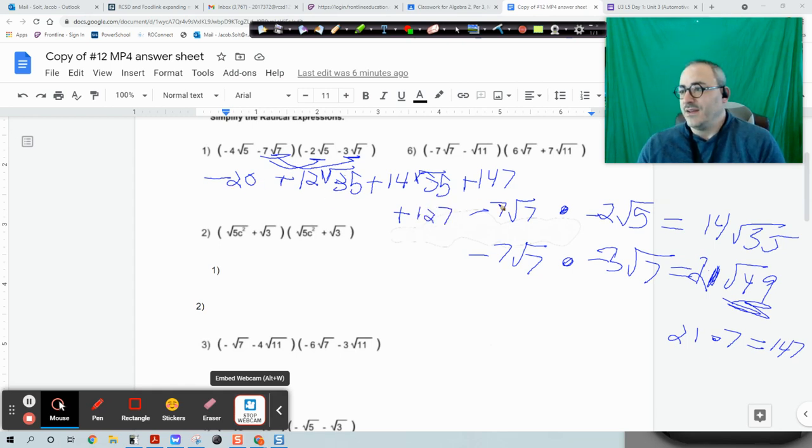I just subtracted 20 from the 147, so I got rid of that. And then I can combine these two things. They're under the same radical, so I can add them. 12 plus 14 is going to be 26 radical 35, and then I'm looking for any simplifications, any perfect squares in there. I don't see any.